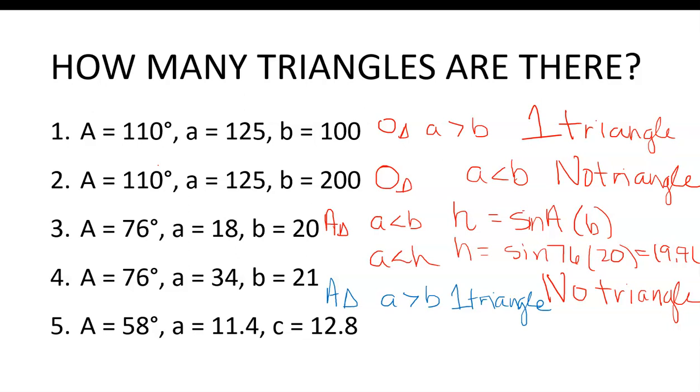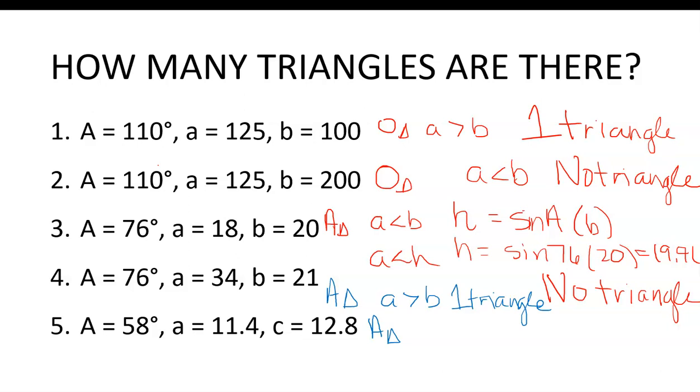Okay, number 5. Let's see what we got going on. We know that it is acute. A is not greater than the other side. It's actually smaller, so therefore that knocks out the one triangle.